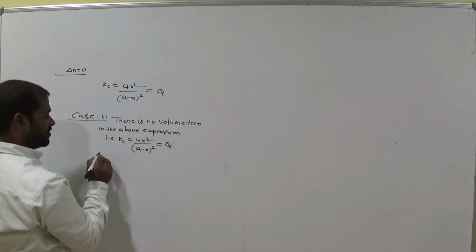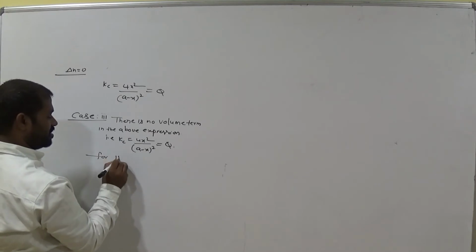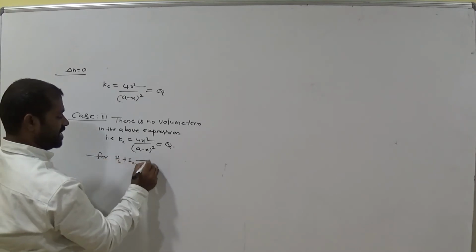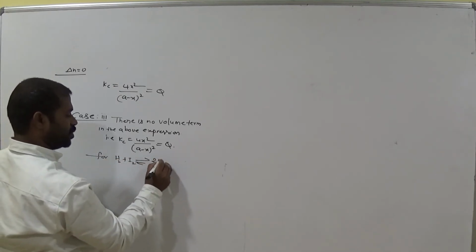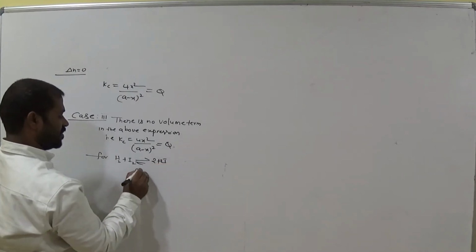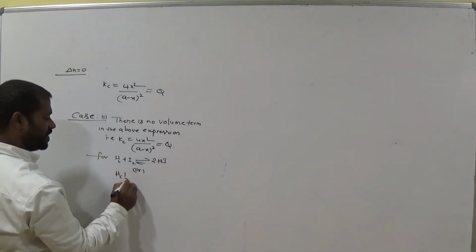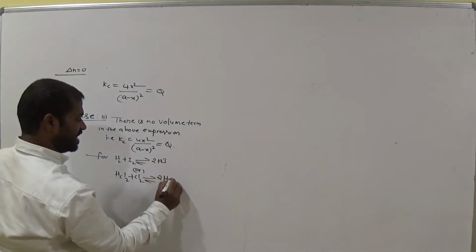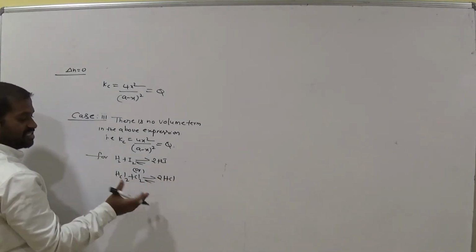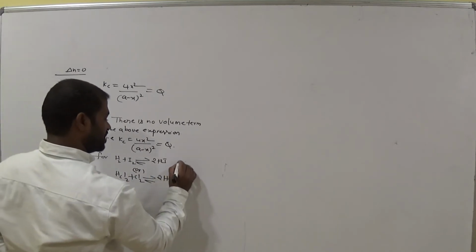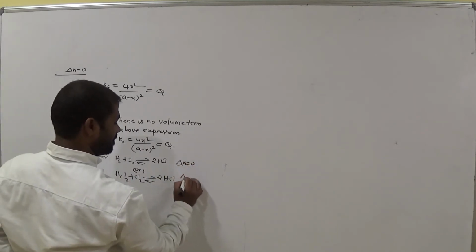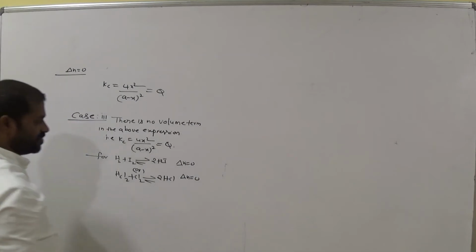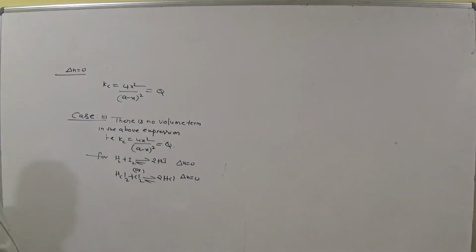So this expression is for H2 plus I2 reversible 2HI, or suppose H2 plus Cl2 reversible 2HCl. Here also the net number of moles is 0. Delta n is equal to 0 for both equations, am I right? So there is no volume term.